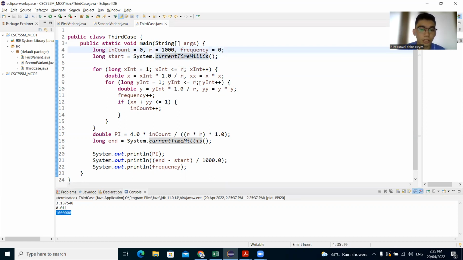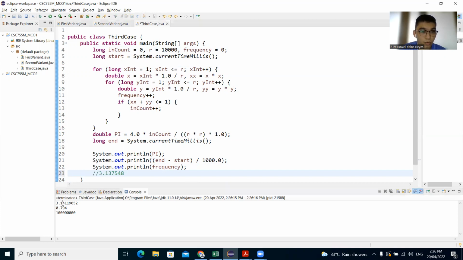Okay, let's put 10,000 for r and observe the computed value for pi, if it will be closer to the actual value. The previous value of pi when r is 1,000 is 3.137548.